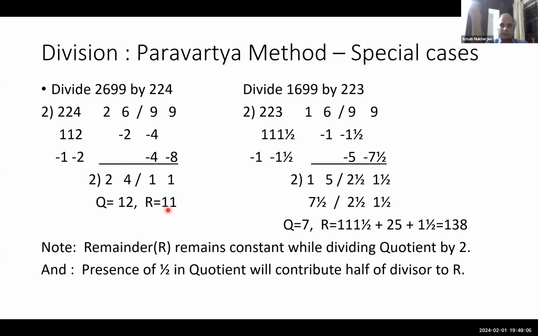In the case of multiplication it was affected because 23 was smaller than 92, but here 224 is more than 102. So anything divided by 112 leaves some quotient and some remainder, which will be intact here. So the remainder becomes intact, but the quotient gets reduced by half, 12 and 11.